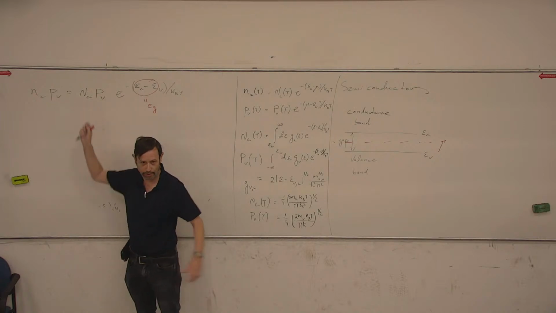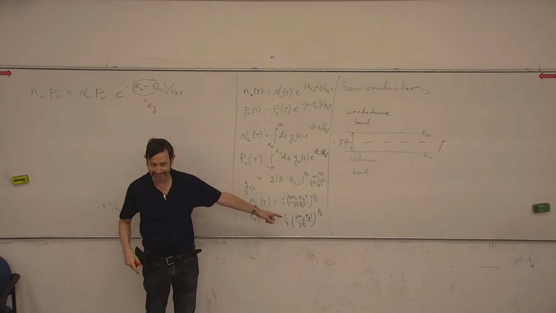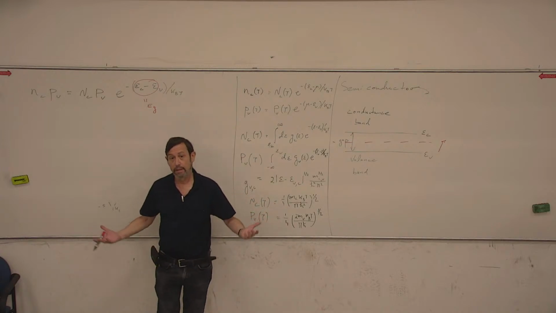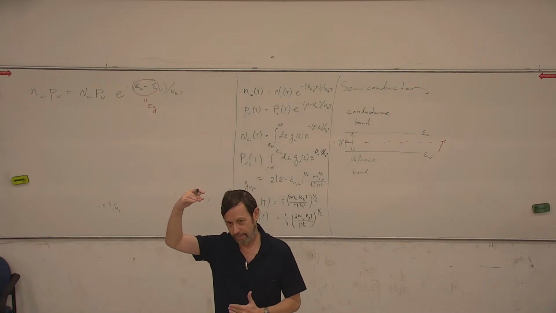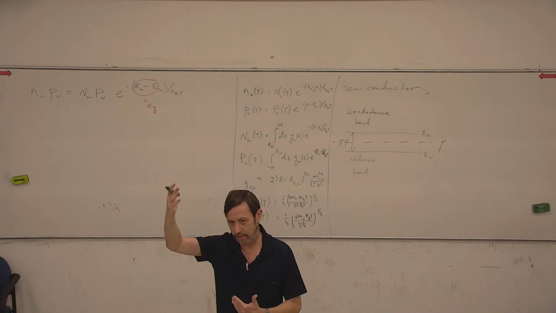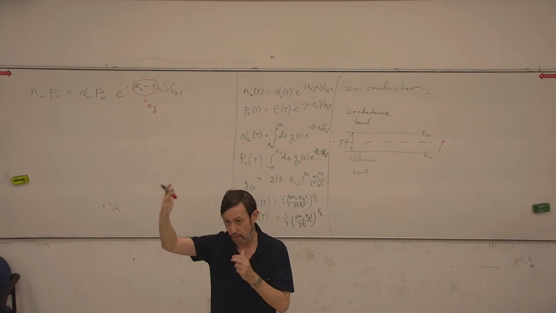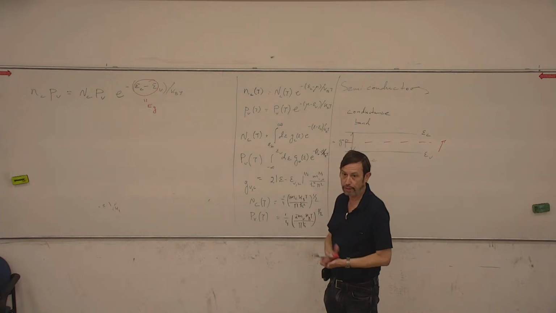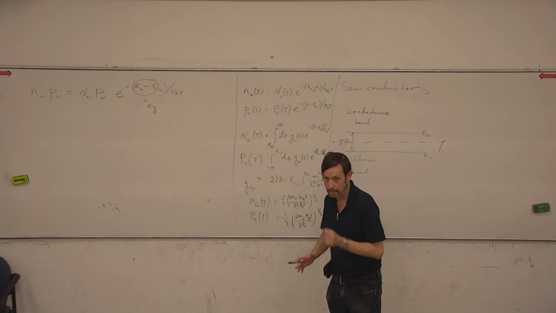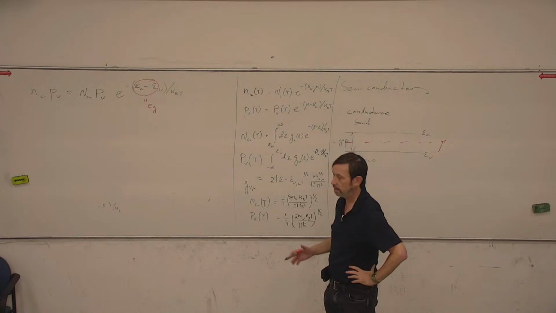I have still a small influence of temperature here, but as the gap becomes larger, the number of holes and electrons, either in the conduction or in the valence bands, drops off exponentially. These are densities, right? These are densities.